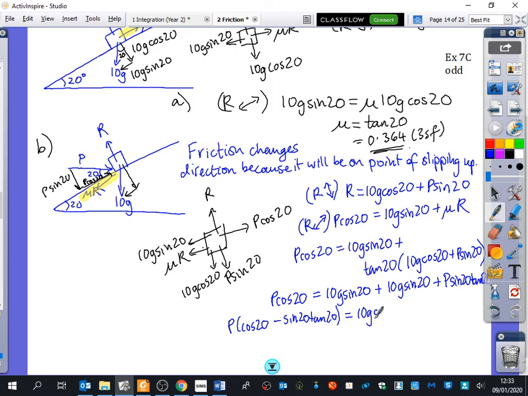equals 20G sine 20. So P is equal to that divided by that. How much? 82.23. Great, so I'm just going to go 82.2 newtons to 3 significant figures.